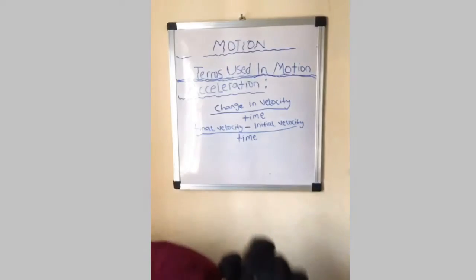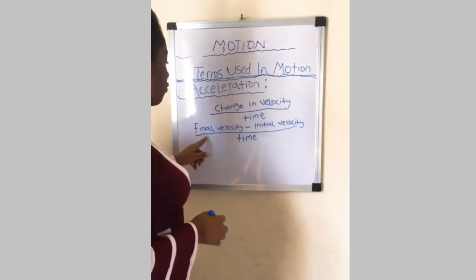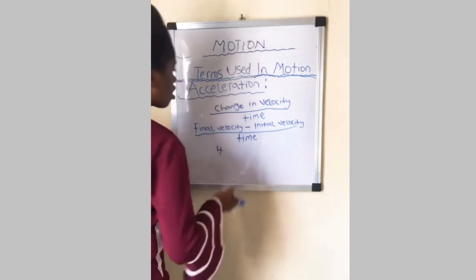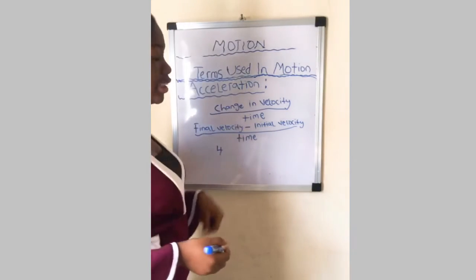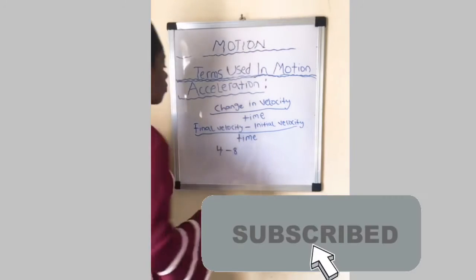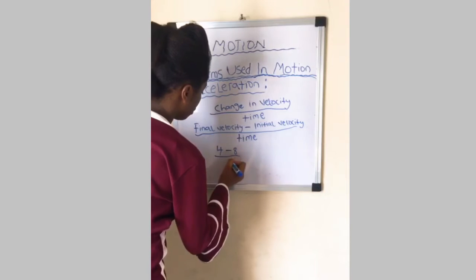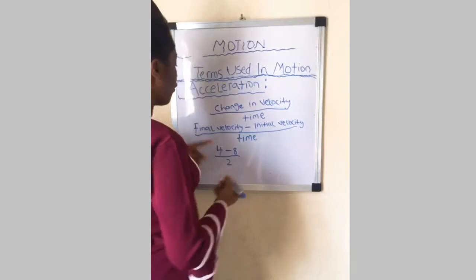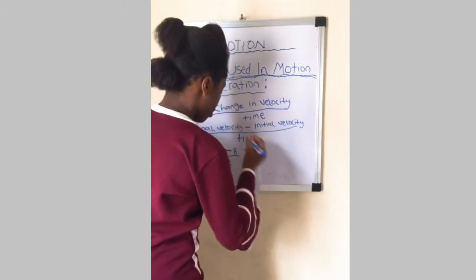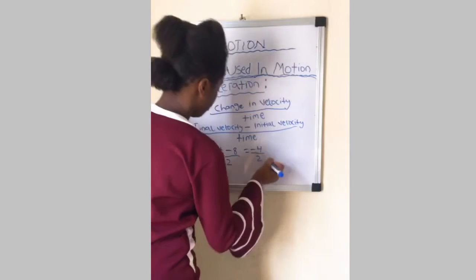So if we're given a question and we have our final velocity to be 4 and our initial velocity is 8 and our time, let's say, is 2, 4 minus 8 equals minus 4 over 2.